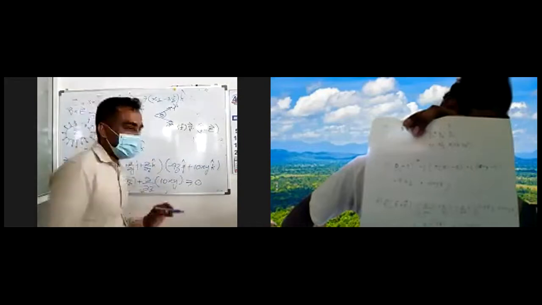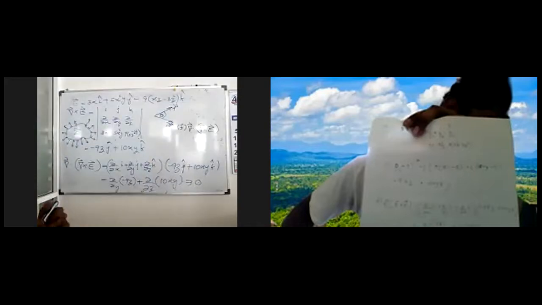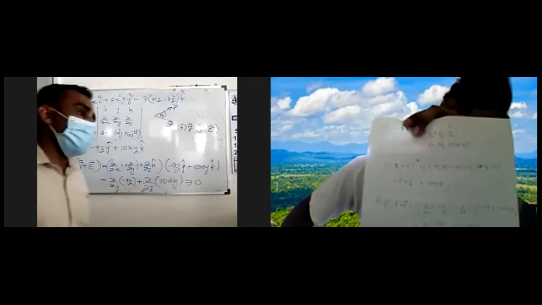Is that clear, Kasun? Yes, sir, clear. So it's a lifetime lesson in electromagnetic field theory and vector analysis. Curl of any vector field, this is E vector field, curl of a vector field is normal to the surface.